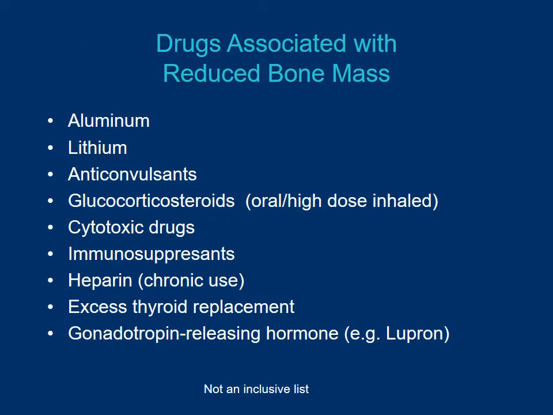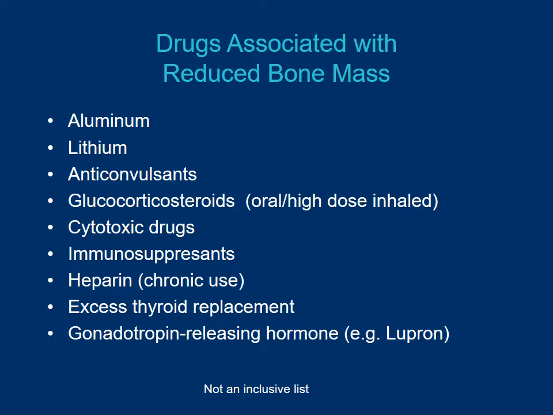The drugs that are associated with reduced bone mass, the most important among them is the glucocorticoids, or steroids, whether oral, parenteral, or inhaled doses of corticosteroids, especially for long periods, more than 3 months duration.